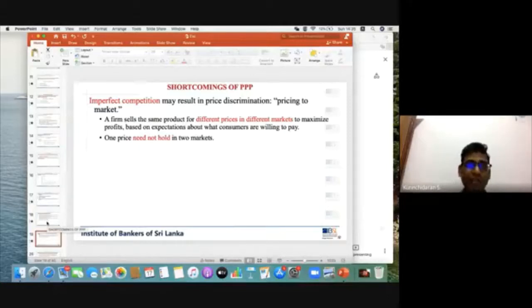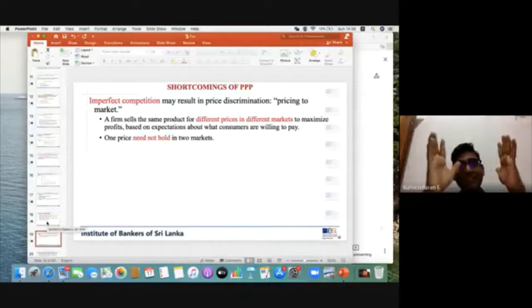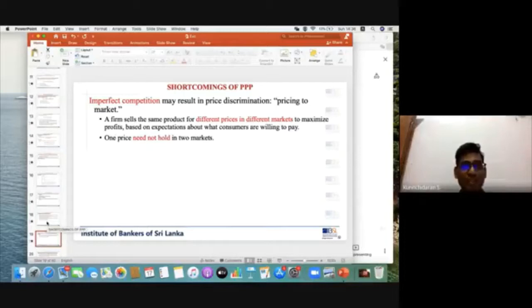Now maybe the same product is sold at a different price in India, a different price in Sri Lanka and a different price in the US, because the particular manufacturer prices that good that way. That means price discrimination: he discriminates the price across different markets based on the market characteristics. So the same firm can sell the same product at different prices in different markets to maximize profit.